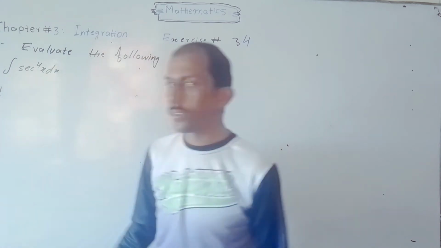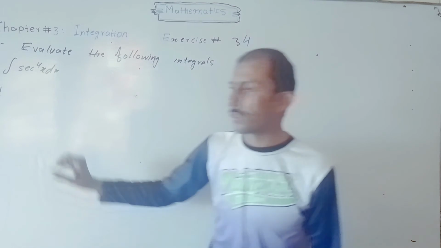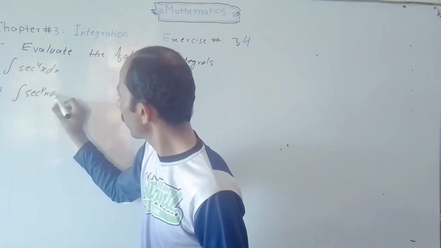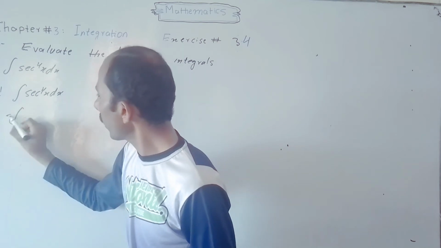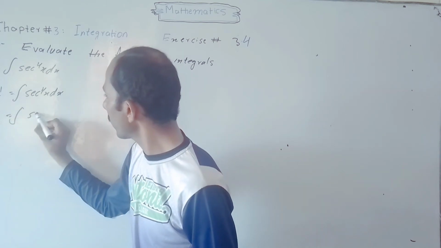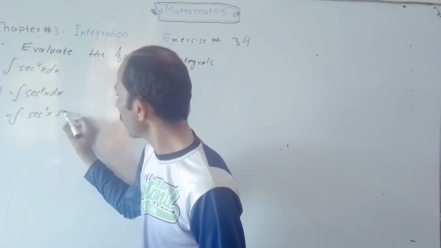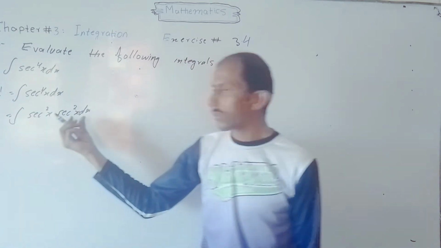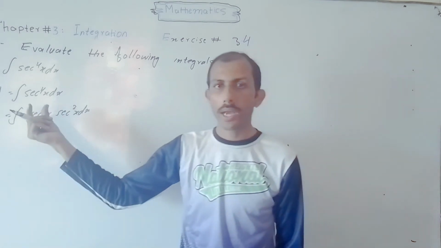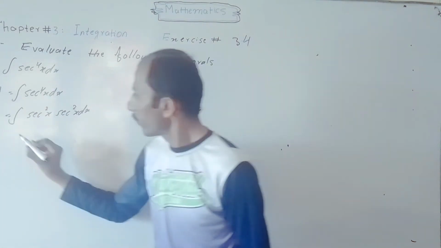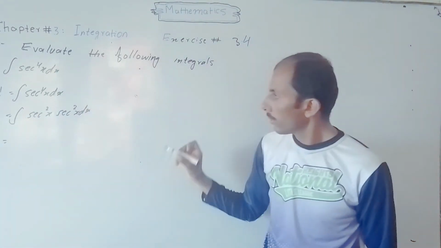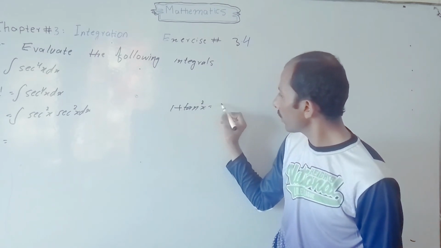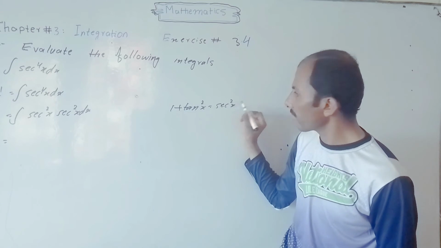First, as it is, integral sec⁴x dx. Sec⁴x can also be written in the form of sec²x into sec²x. Sec²x is equal to 1 plus tan²x, because 1 plus tan²x is equal to sec²x.